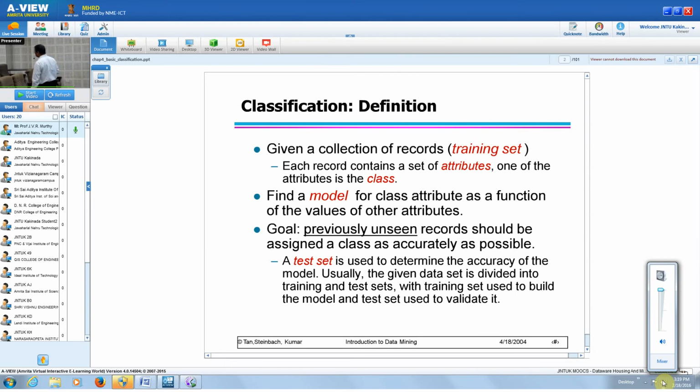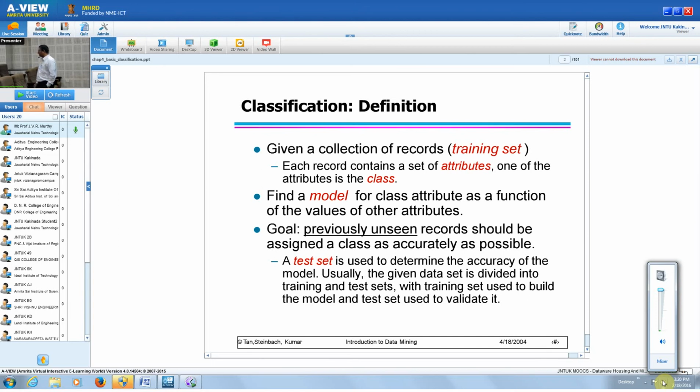Again, the variables are classified as nominal, ordinal, interval-based, and ratio. In four ways they can be classified. Nominal means it just denotes labeling.